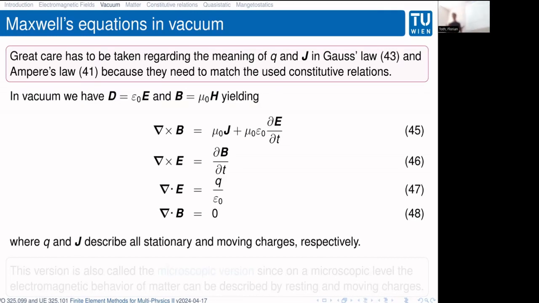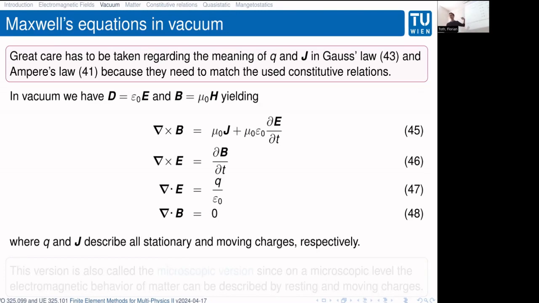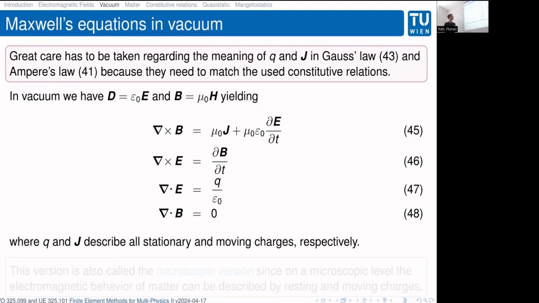So if you consider vacuum, there's no material, there's no matter. The only thing you have are the fields and some charges. So the charge field is also a field, but no constitutive relation, so to say. So you can directly formulate everything in the electric and flux density field because you know the relations in vacuum.